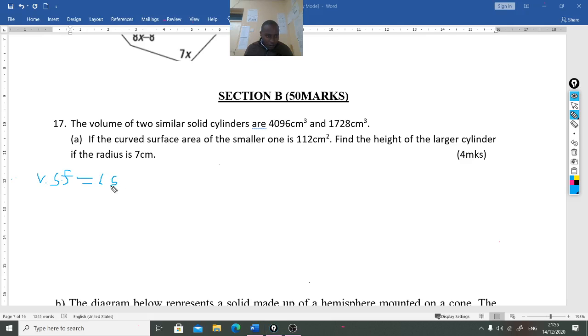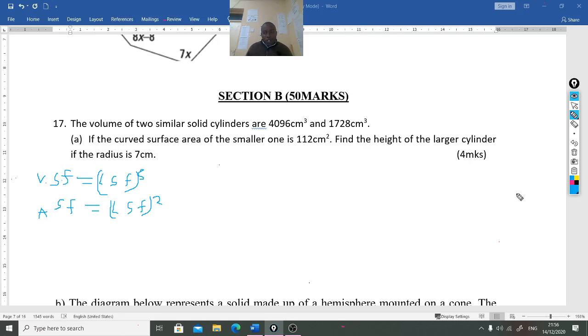We also said that area scale factor equals linear scale factor squared. So that is how we get the area scale factor.